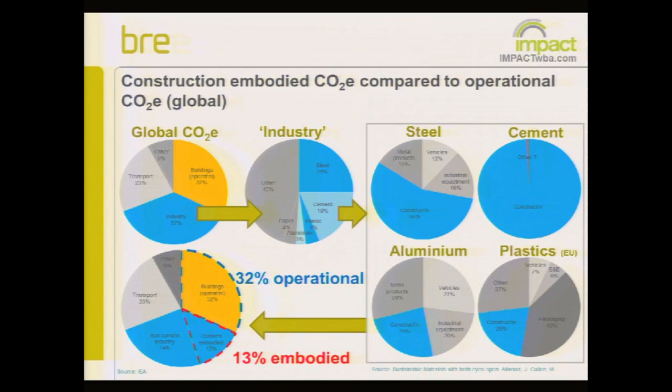And if we apportion each of those according to what goes into buildings rather than other things, then we can work out the proportion of industry emissions which go into buildings. So you've probably already got there at the bottom, we've got a pie chart that shows 13% of all CO2 globally goes into the fabric of buildings, and that compares to 32% of operational. So I think you can see it's quite a considerable amount that we really should be looking at.